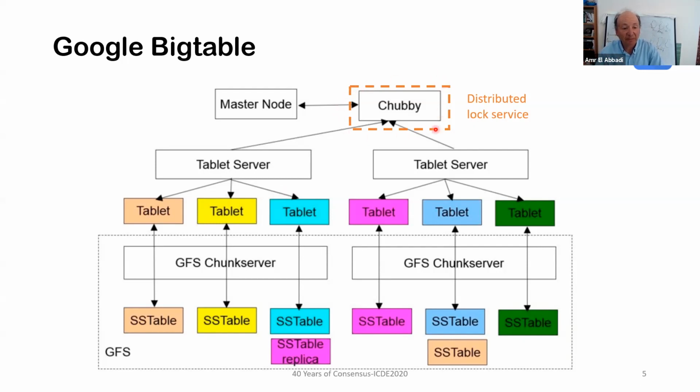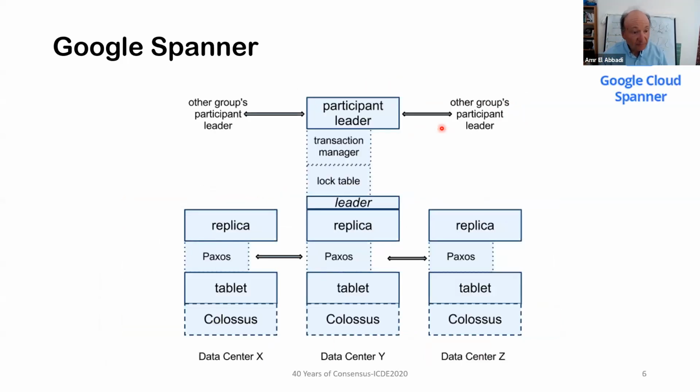They developed Chubby, and to develop Chubby, they needed a consensus protocol, and Paxos was used. As far as I know, this is the first instance where Paxos was used in an industrial setting.